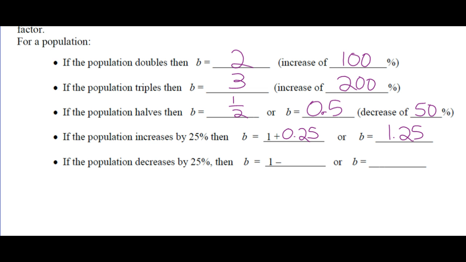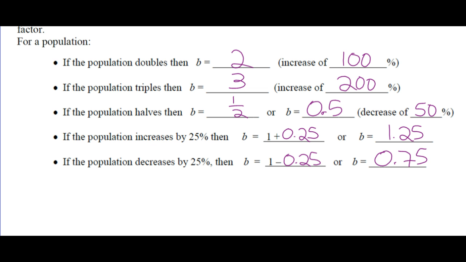The population doubles, b is equal to 2. It's really 1 plus 1, okay, as decimals, which is 2, and if you want, then it's 100% plus 100%. If we're increasing by 25%, it's 1.25. The 1 keeps the initial amount, the 0.25 is the amount of increase, the 25%. If it decreases, it's going to be 1 minus, and so what would the b value be?